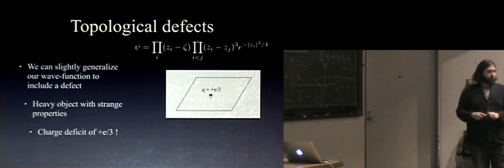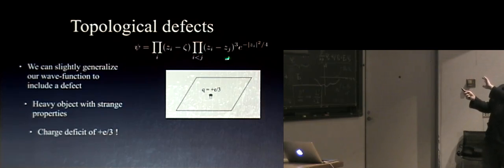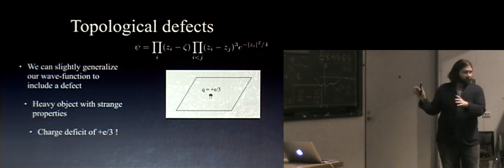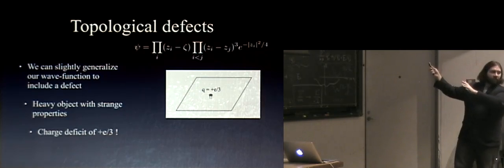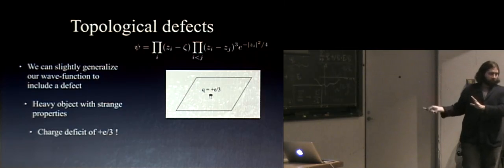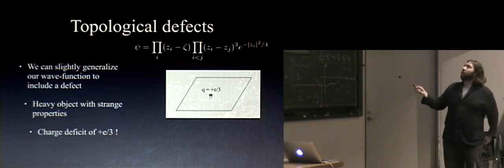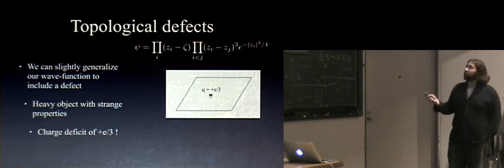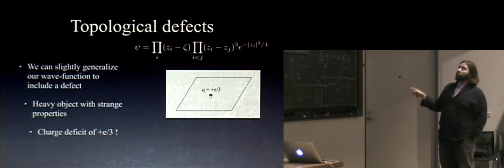The generalization to allowing the defects to move around and studying their statistics is a bit of a generalization from just looking at this that I didn't talk about. You can start with this and then do some generalizations to figure out why this guy has charge 1/3, why it has these funny statistics and so forth.